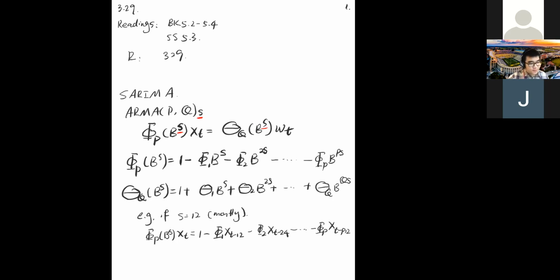Okay, now we have set up this S-ARIMA model. The next question is, how can we identify this model from our ACF and PACF plots? Do the ACF and the PACF plots of the S-ARIMA model also have the tails off and cutoff properties?